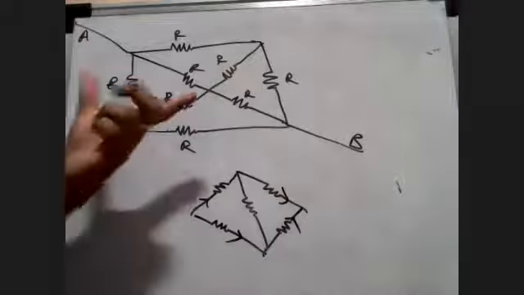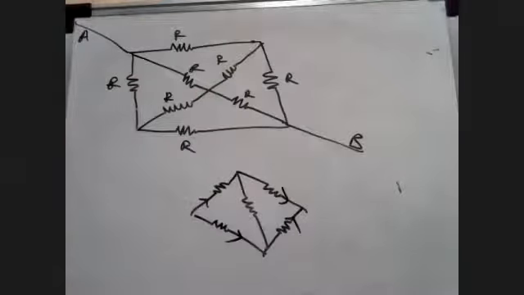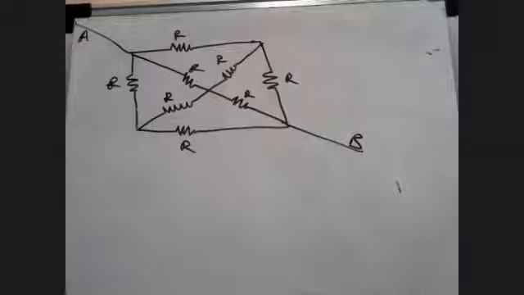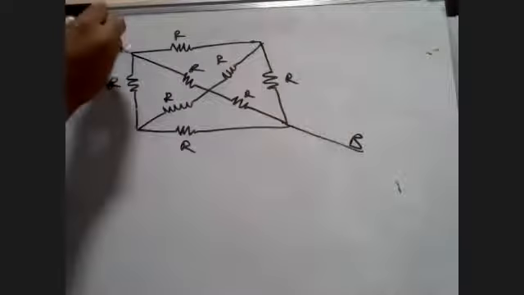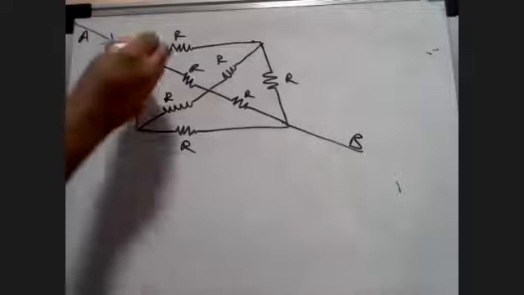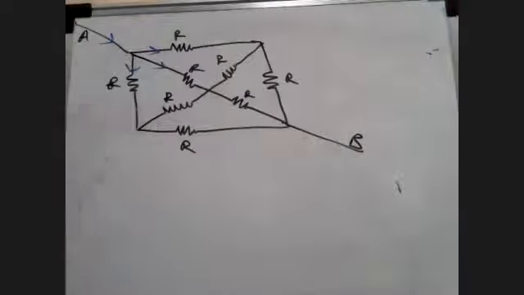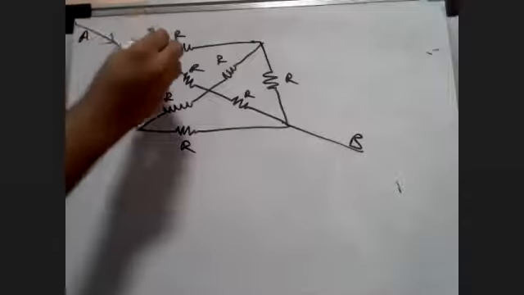Similarly, can you see the same concept over here? If I pass a current here, it will get distributed into 3, as I1, I2 and I3.